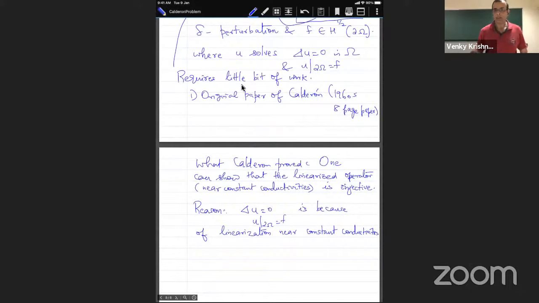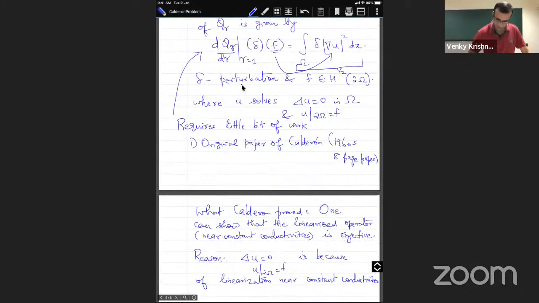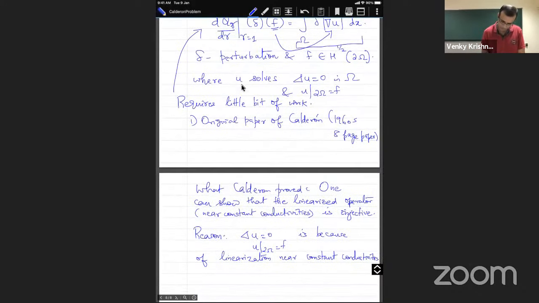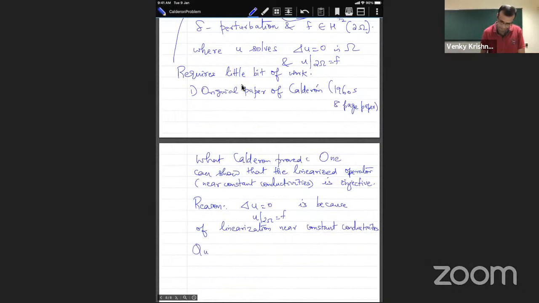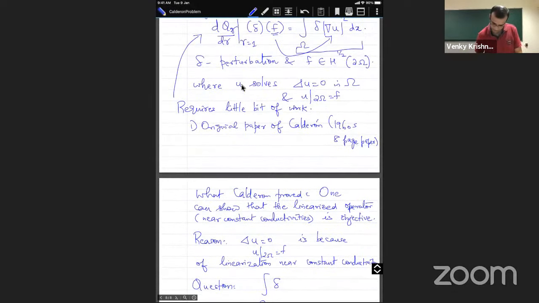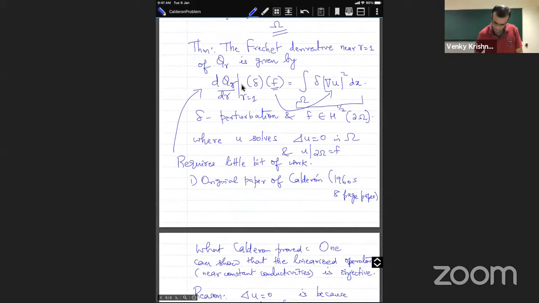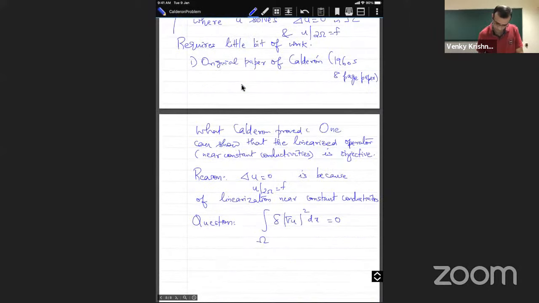Now, the other thing that I want to mention: what do I have? The question that one is interested in is the following. The question boils down to: suppose you have the integral over omega of delta times grad u squared dx equal to 0 for all harmonic functions u.